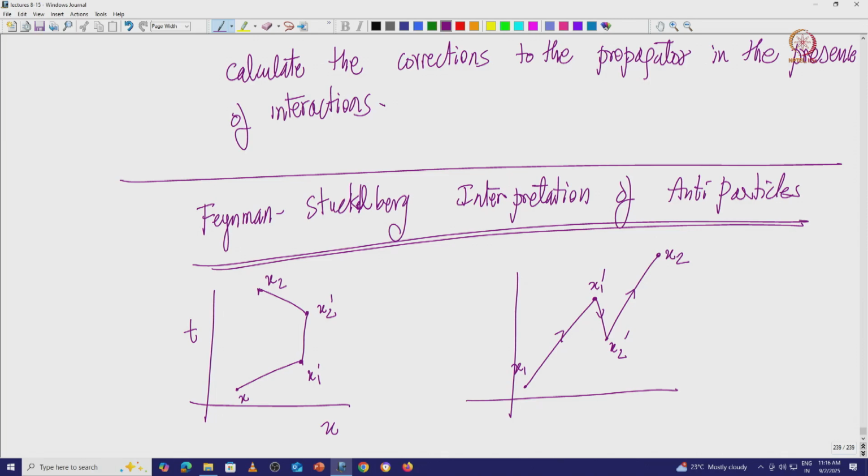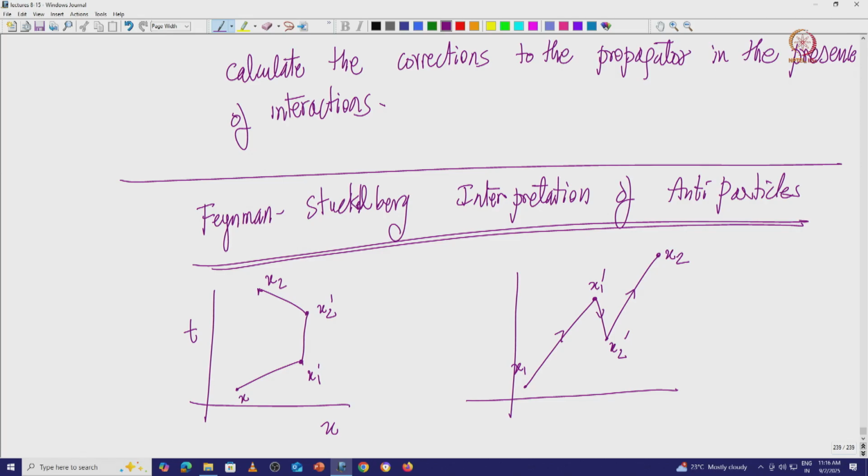In pair production, an electron comes in, and then in between there is a pair, and the positron comes back in, with the opposite charge of the electron.